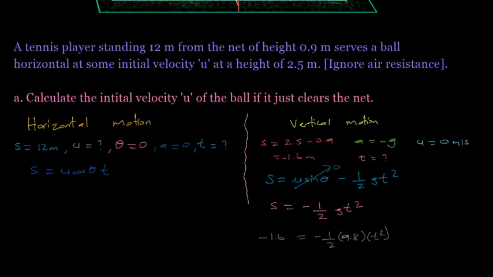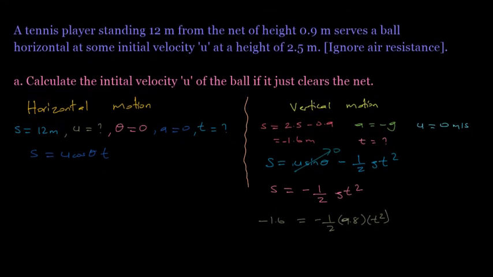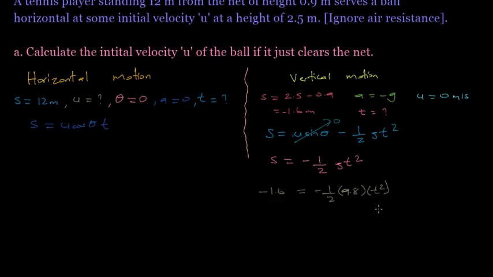So now we can do some simplification in order to find t. Notice that we have negative on both sides, so we can divide through by negative so that the negatives cancel. And we're going to have 1.6 equal a half multiplied by 9.8.